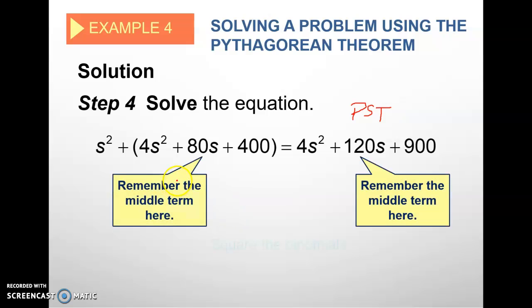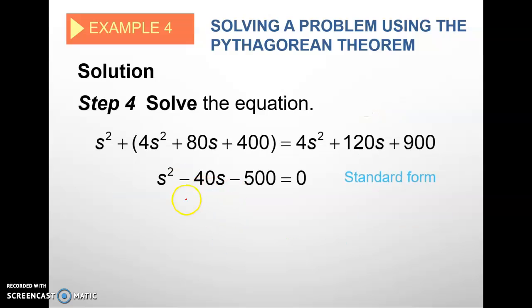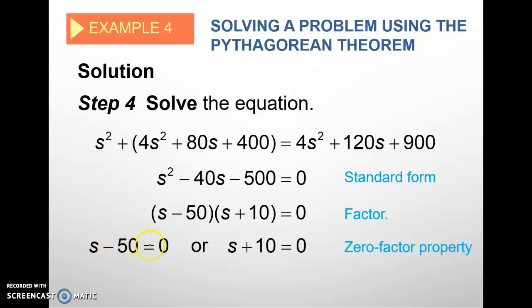Now we simplify them. We have s squared minus 40s minus 500. Then we factor 500, whose sum is negative 40. We have negative 50 and positive 10. Then s minus 50 is equal to 0, and s plus 10 is equal to 0, so s is negative 10.